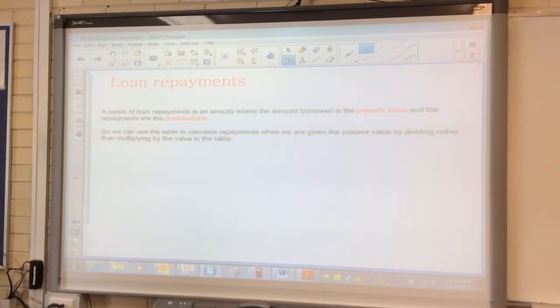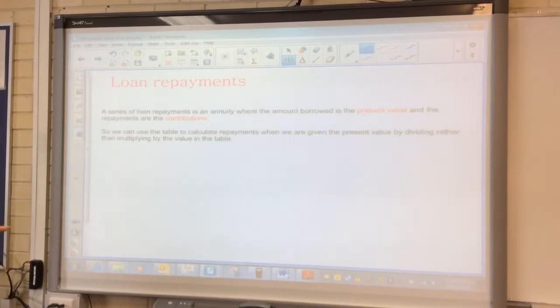So we're just using the table in reverse. We still follow the same idea of finding your interest rate and the number of periods, but when we get the number from the table, we're going to divide our present value by it to work out what those contributions or payments would be. It's exactly the same way of finding the number, we're just going to divide by it rather than times.